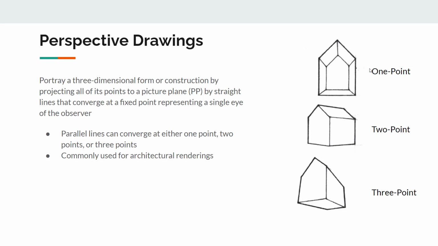All right, so I would say that 2-point perspectives are the most common type of perspective you guys will be utilizing. 1 point would be the next most common. And then 3-point is actually probably the most common type in general.